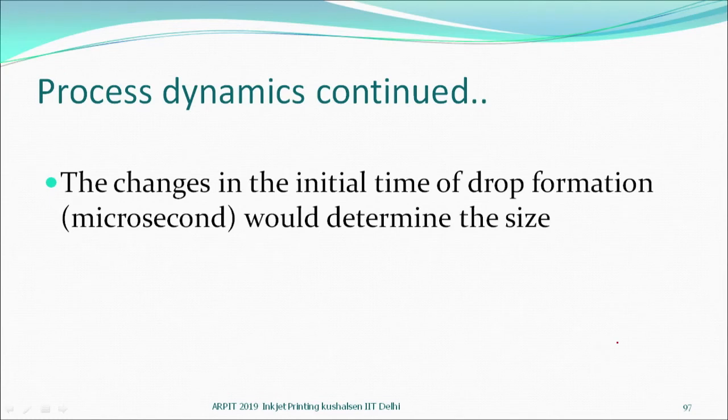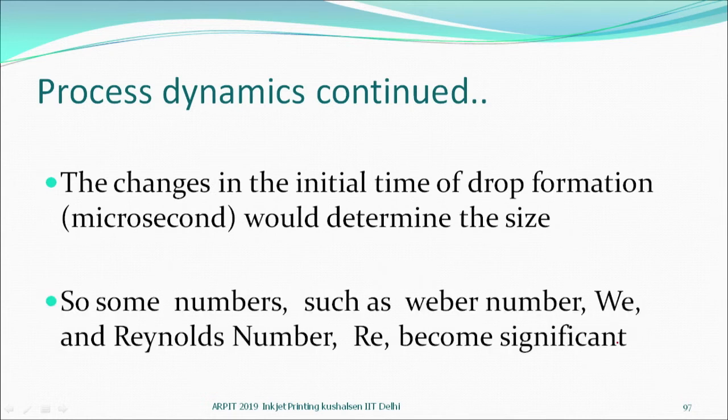So, if there is a change in the initial time of drop formation, which is a microsecond range time, this is the one which will determine the size of the dot. So, some of the properties of the liquid, that is the ink, that is the fluid, have to be controlled and measured also, other than, as I said, the molecule. Therefore, the recipe may have other chemicals which may control viscosities, surface tensions and fluid flow.